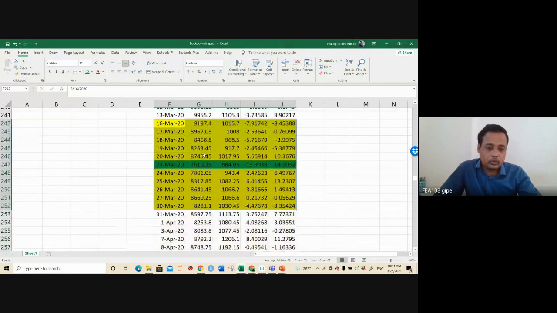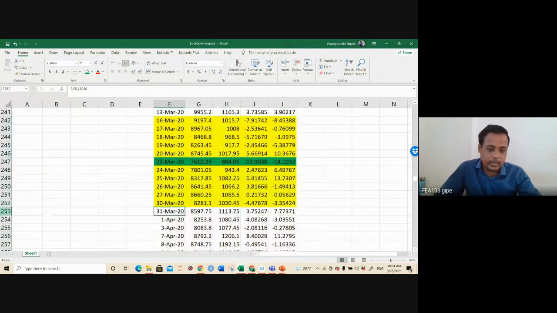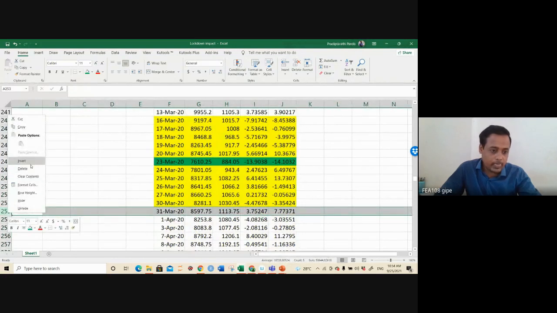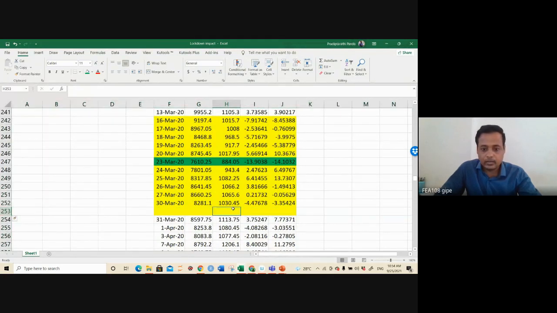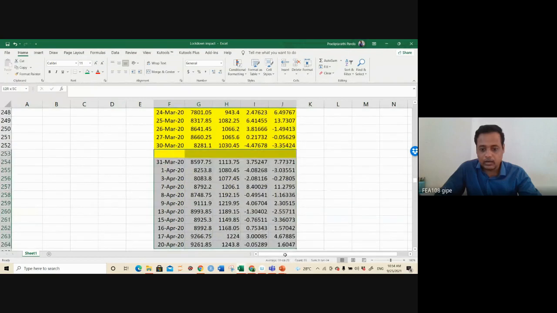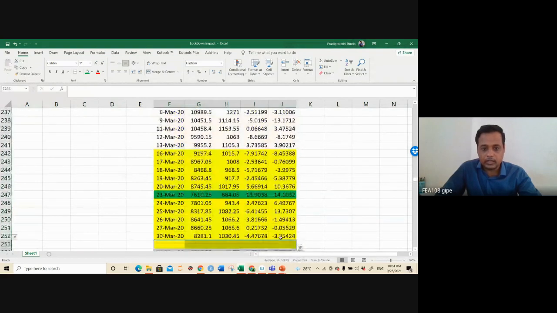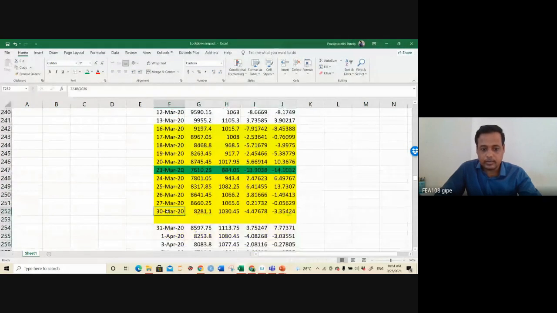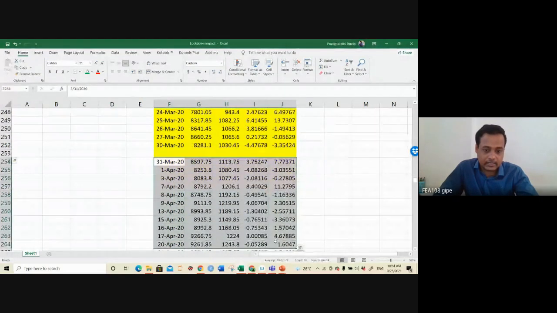Now you give two breaks. One break is over here, because after this you are not bothered, as your event window is 5 only, plus 5 to minus 5. If you are measuring plus 10 to minus 10, then you will go for measuring this.